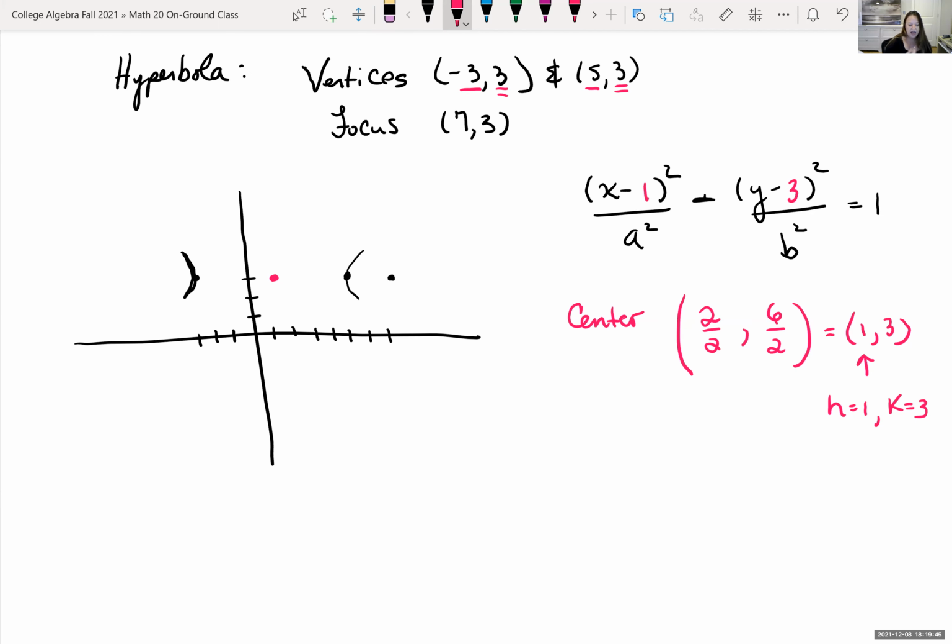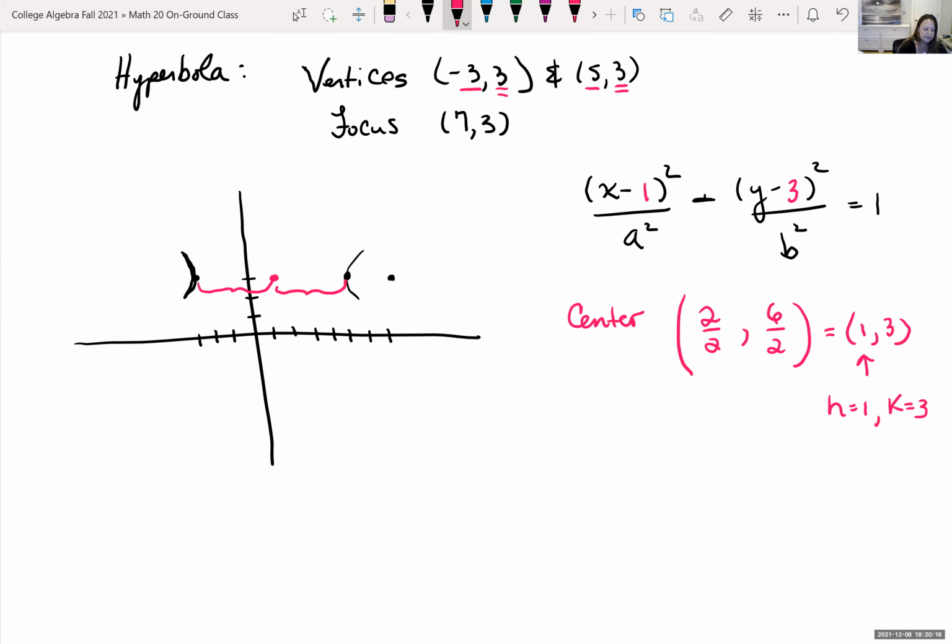We need to figure out what A is, and we need to figure out what B is. We have enough information right now to figure out what A is. A was the distance from the center to the vertex. We're subtracting that A value from the center to get to the other vertex. So we either use the distance formula, or we could probably just tell what it is, right?